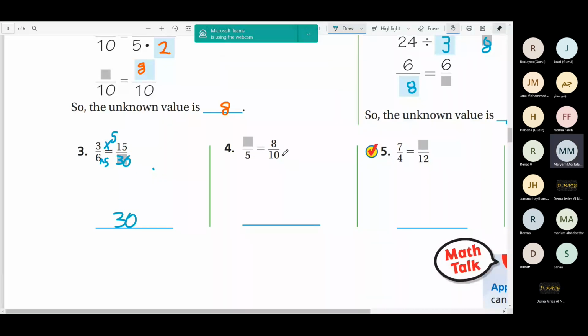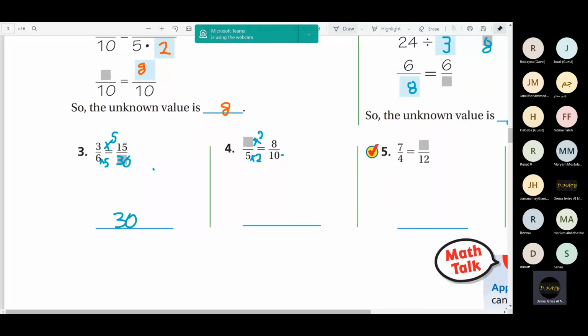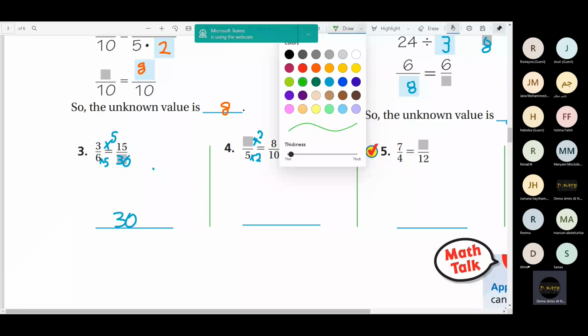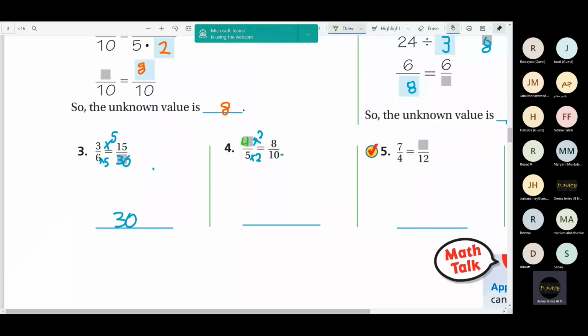You multiply the 5 by 2. Bravo. Or you divide the 10 by 5. So you multiply here by 2, and then you multiply here by 2. Then, what's the number that if you multiply it by 2, you get 8? 4. Thank you. So the number here is 4.